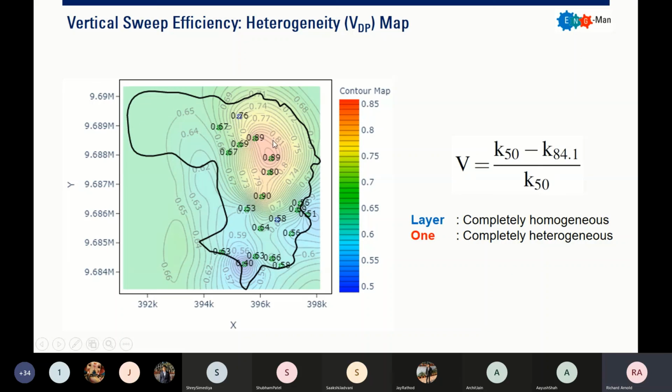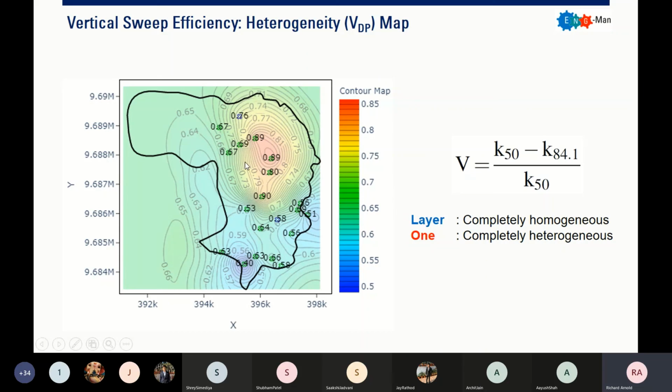Like this one, I have several wells. I analyzed them, calculated the Dykstra-Parsons coefficient, created the map, and obtained this one. So it means that my reservoir is really heterogeneous, which means if I implement pattern water flood, it will be very challenging and it might result in not really good water flood performance.